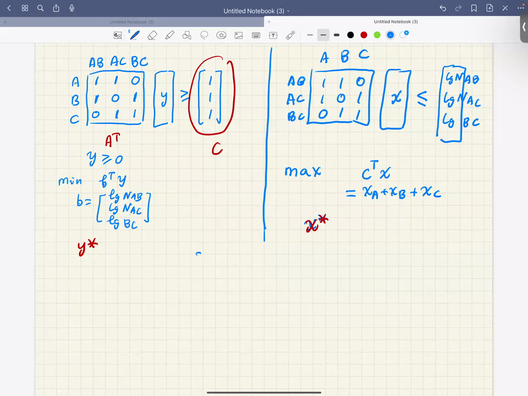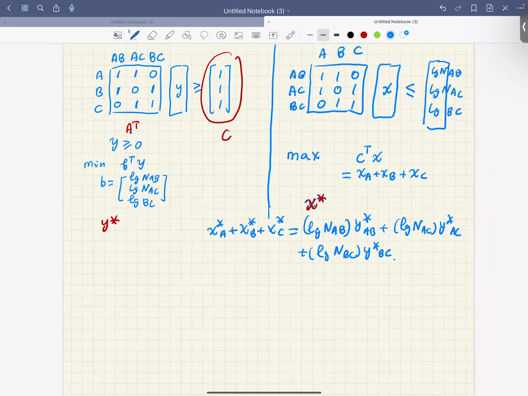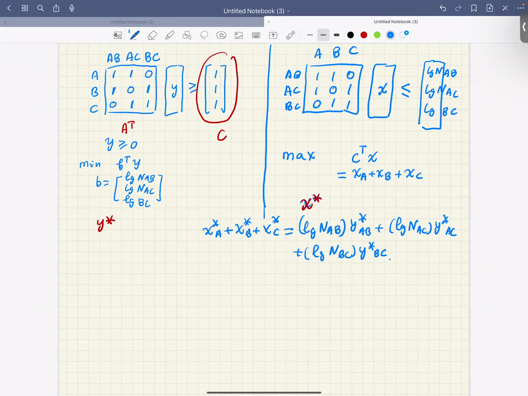Therefore, I have X star A plus X star B plus X star C exactly equal to this thing that I'm going to write down: log N_AB times Y star AB, plus log N_AC times Y star AC, plus log N_BC times Y star BC. This is from the strong duality theorem. So far, so good. This is an equation I'm going to need later.